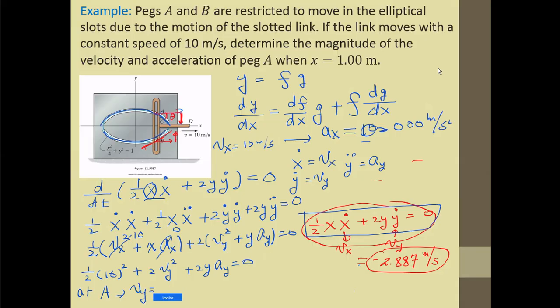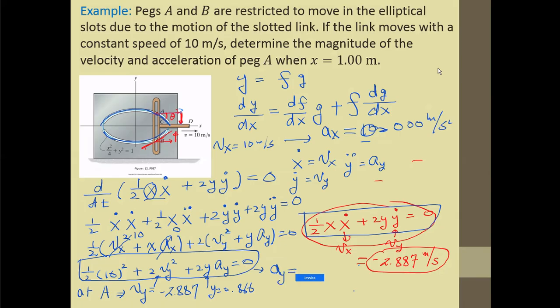That was negative 2.88, and the y value was 0.866. Now we plug these in and solve for a sub y.